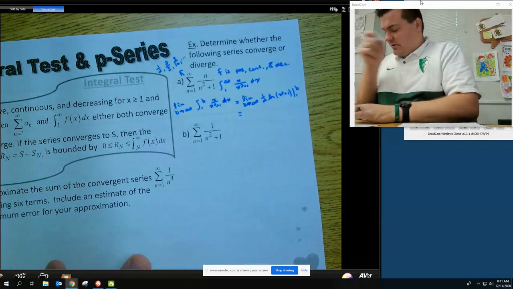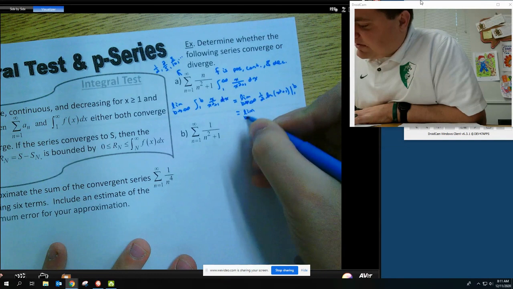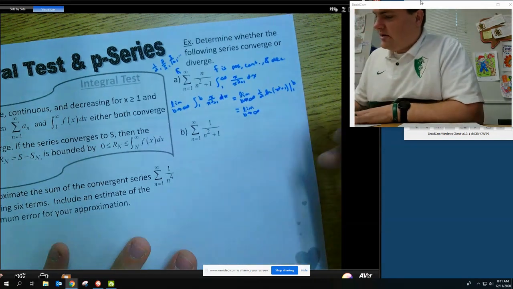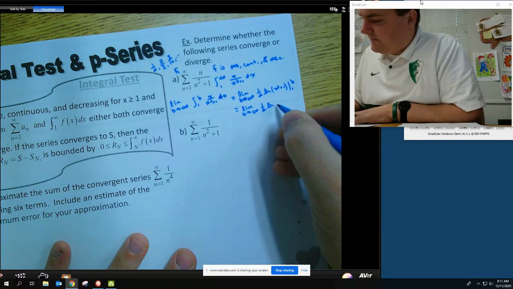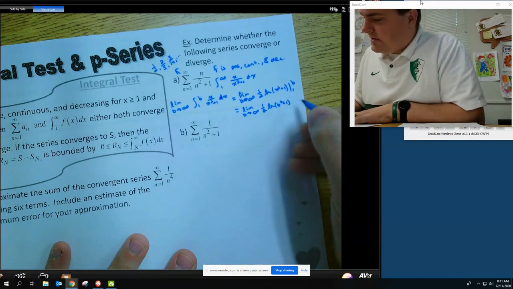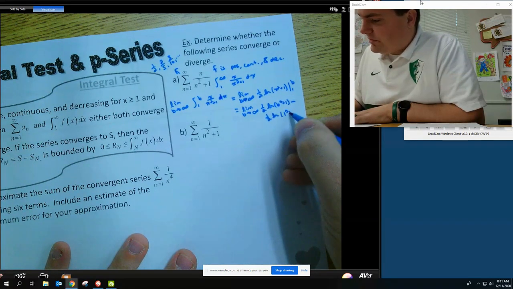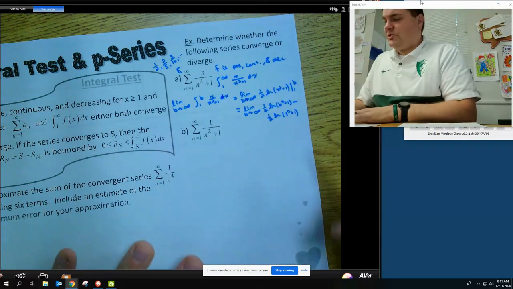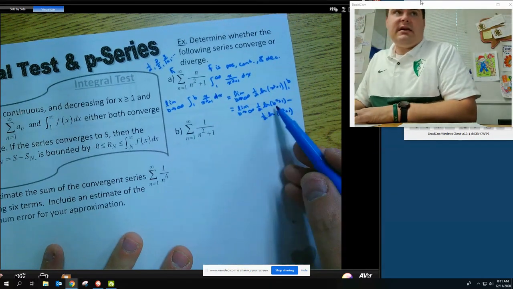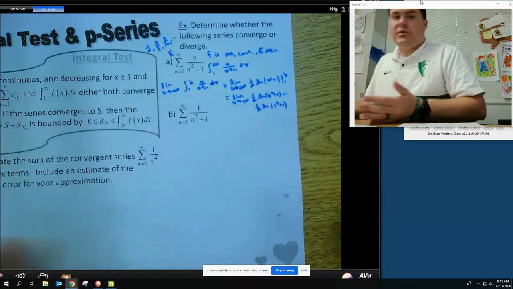So what's that going to tell me when I plug my b value in? I'm going to get the limit as b approaches infinity of 1/2 ln of b squared plus 1 minus 1/2 ln of 1 squared plus 1. All right, if you plug infinity into this, ln is increasing, so if you go on forever and ever, it's always increasing.